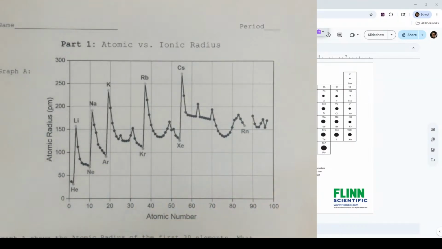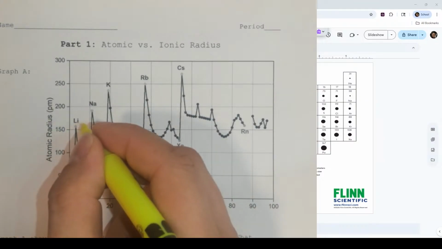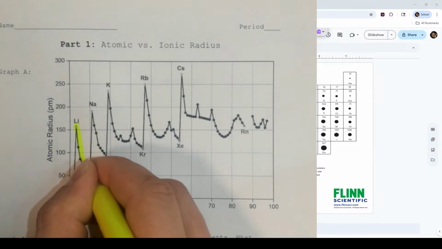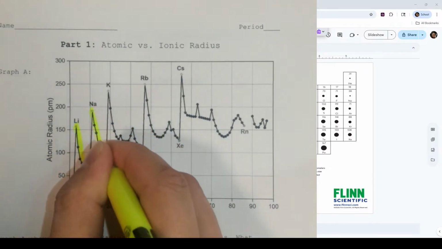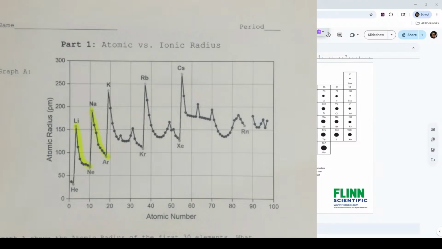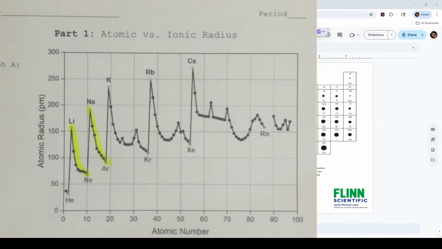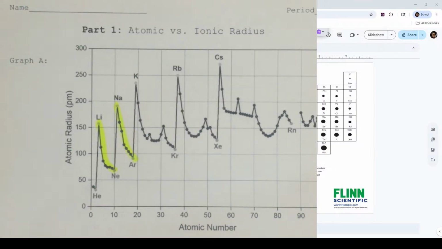So if I look at atomic radius, what I want y'all to focus on right now, just for this question that we are going to answer, is the second period and the third period, because I'm going to compare it to the graph on the second page of this packet that you should have been working on, the ionic radius.